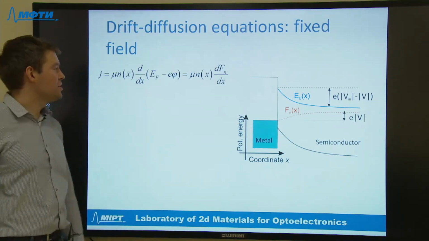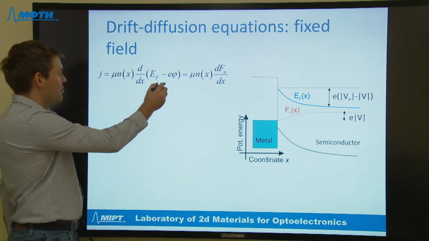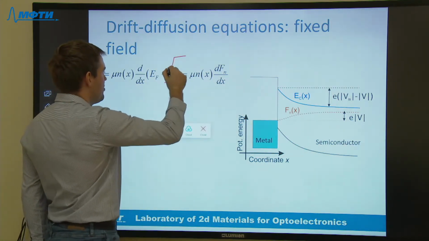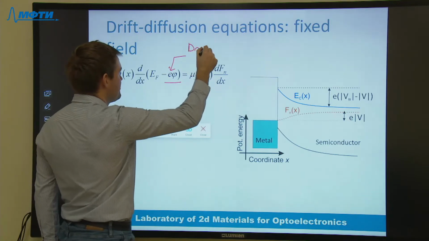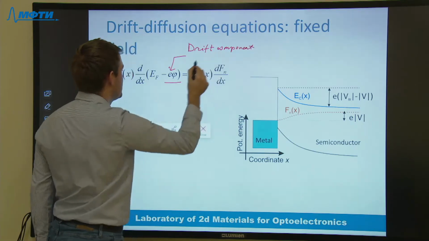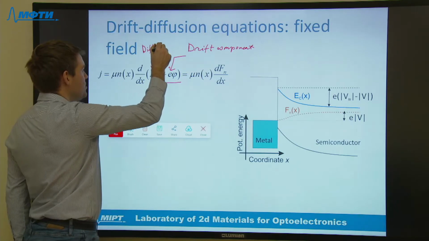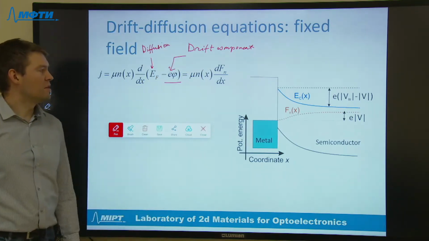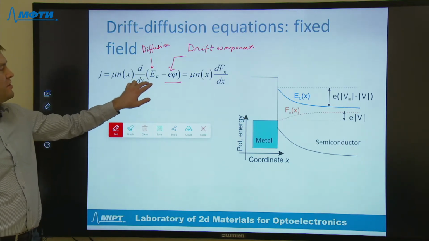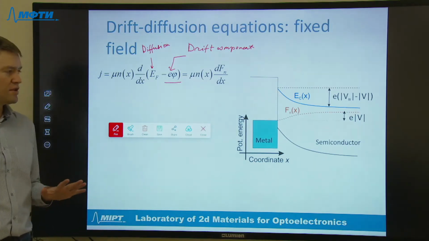We will need to find the current which is contributed by both the drift component, which is proportional to the gradient of electric potential, and the diffusive component, which is proportional to the gradient of local Fermi energy. Actually, you can rewrite this diffusion component in terms of the gradient of the density and diffusion constant.